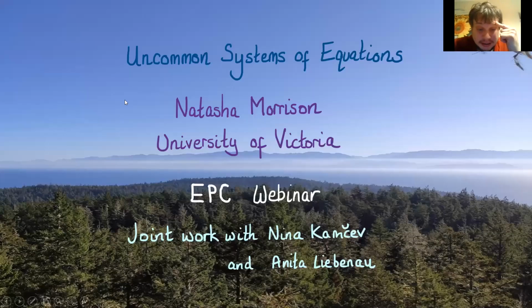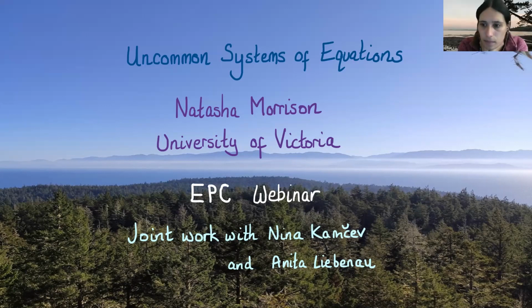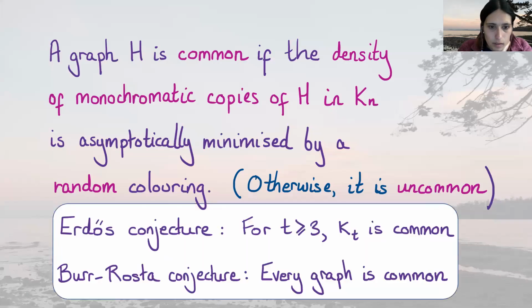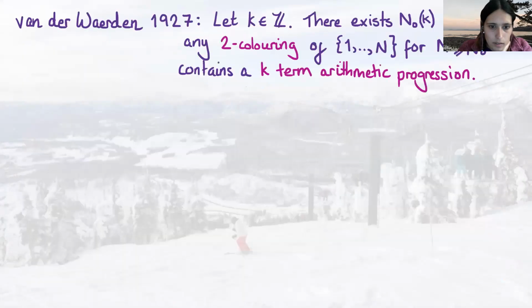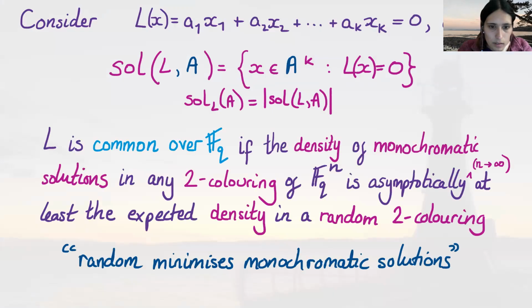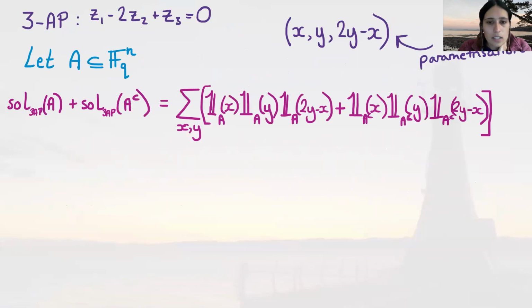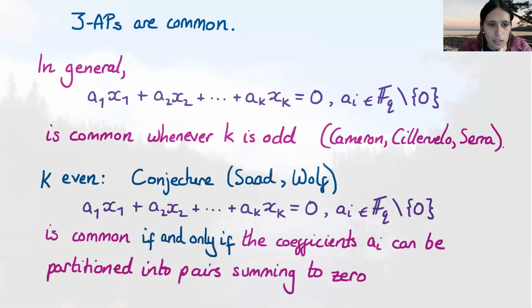So I have a question. In this one equation world, where the commonness is fully characterized, is commonness the same as Sidorenko, or is there a difference? It's different. And is there a characterization of one equation systems that are Sidorenko? Yes. So it's completely understood and it's completely characterized.